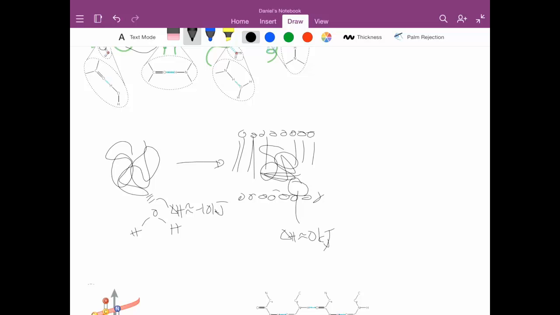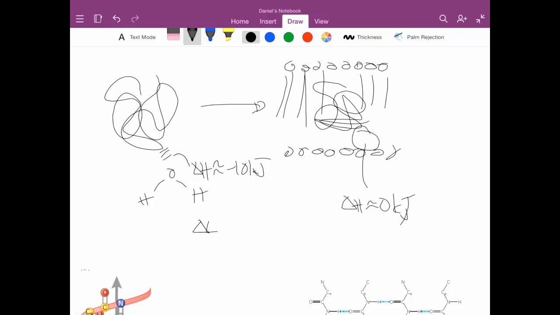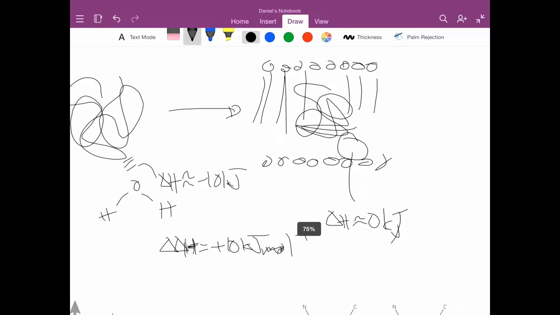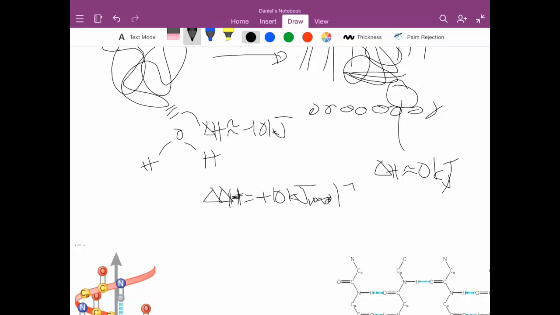So there is this energetic penalty to the insertion of a random coil with unsatisfied backbone hydrogen bonding of about, you could say, 10 kilojoules per mole. This varies a lot, so I would not take these numbers as fact. But the idea is that there's an energetic penalty to removing a random coil protein from an aqueous solution, and that energetic penalty is termed the desolvation energy.